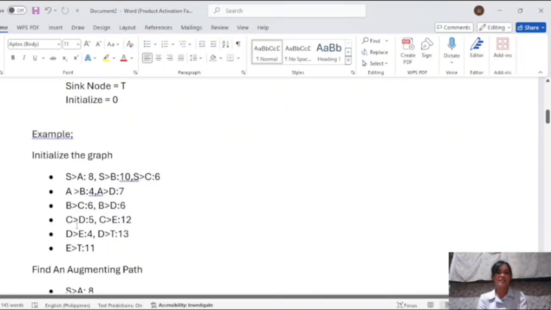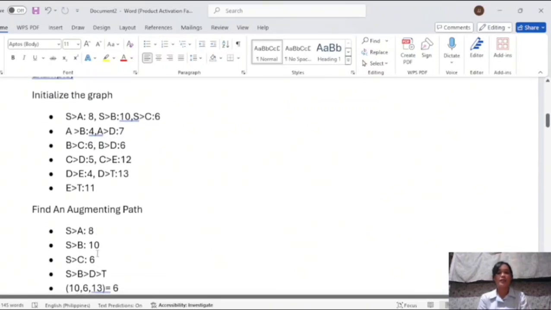Also, C to D is 5, and C to E is 12. Also, D to E is 4, and D to T is 11.